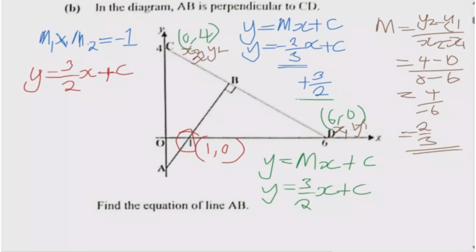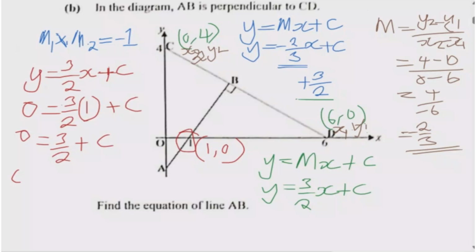I'll place these numbers in the equation: 0 is equal to 3 over 2 times 1, plus c, the constant. 3 over 2 times 1 will give me 3 over 2 plus c.